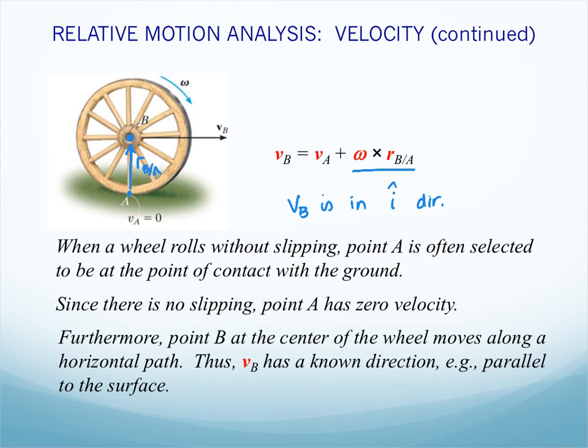So if we end up with a calculation that gives us, say, a y component, we know that has to be 0 because the velocity of point B can only be horizontal. It is not going to be moving up and down. And sometimes using the fact that one of the components is equal to 0 can help us figure out what the other quantities are. For instance, if we don't know what omega is, that condition might allow us to find omega.